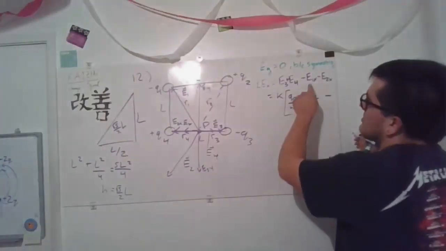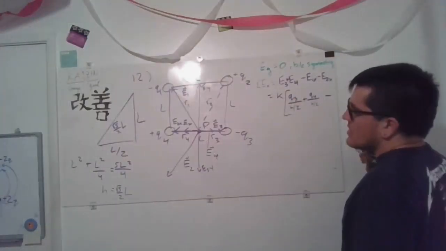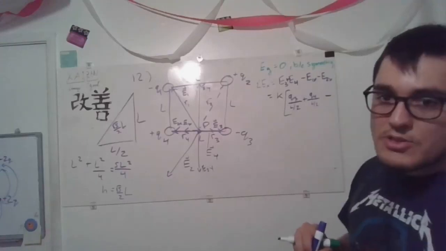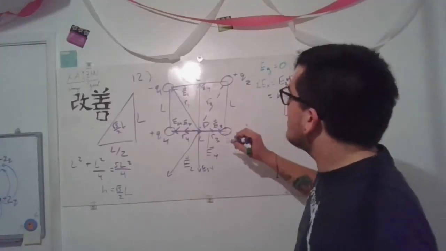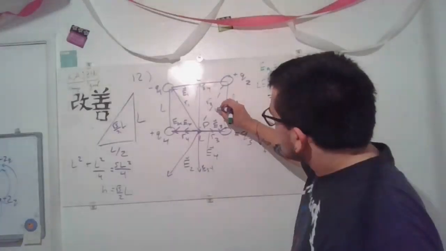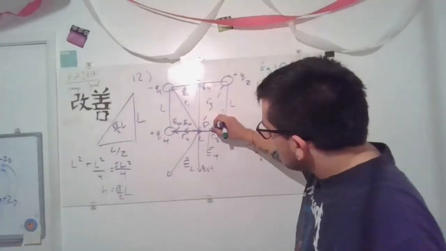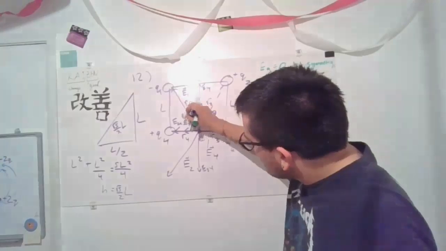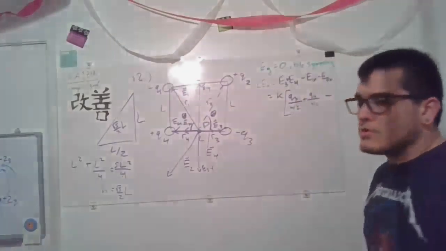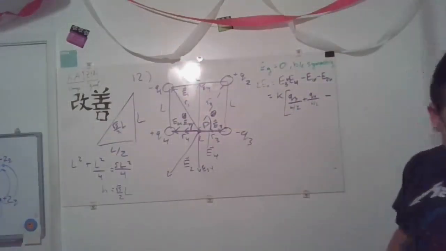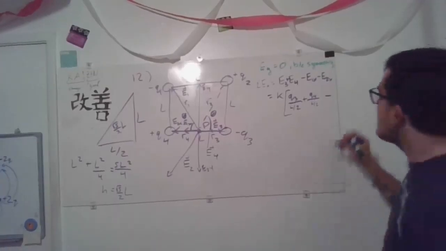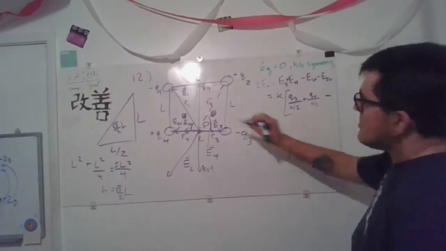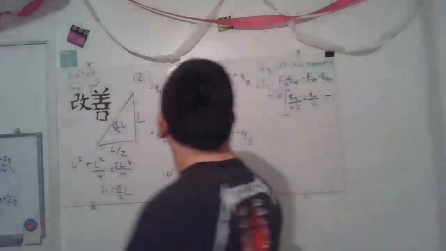Now I'm going to subtract E1x. For E1x, I get to choose a theta, so let's choose a theta now. Choose this. We can choose that as theta. And what will our cosine theta be?